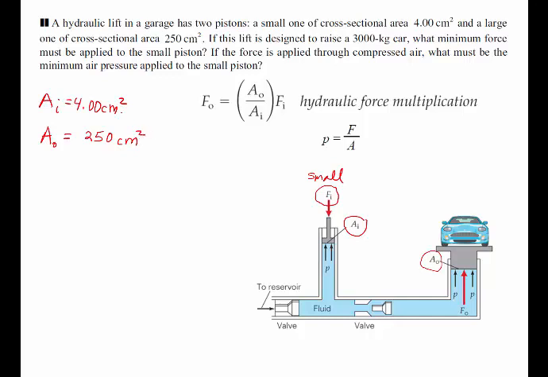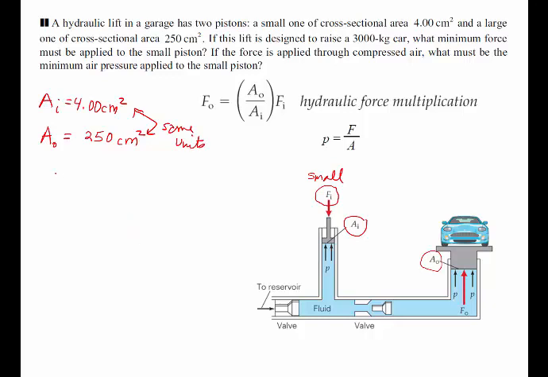When you see square centimeters, you might think, uh-oh, I have to convert these to square meters. But it doesn't matter, because what we really have here is a ratio, so it doesn't have any units. The only requirement is that these two have to be the same units.